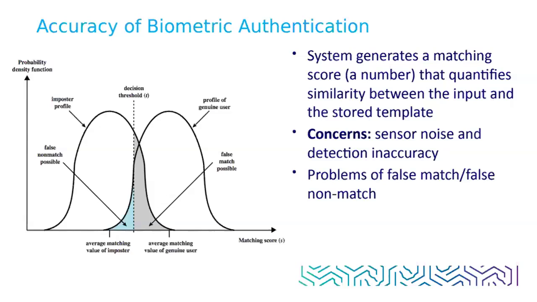Sometimes they may incorrectly accept an unauthorized person, or they may reject a legitimate user. Let me tell you why. When a user presents a fingerprint, face, or iris, the system does not simply say match or no match. Instead, it first calculates a matching score.